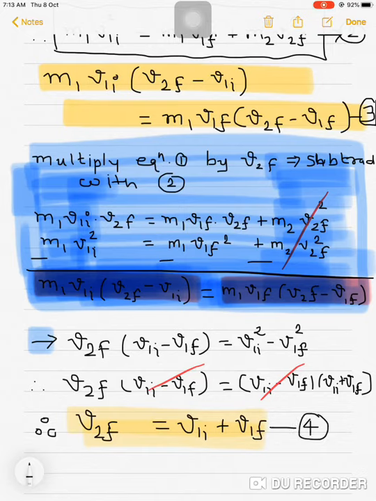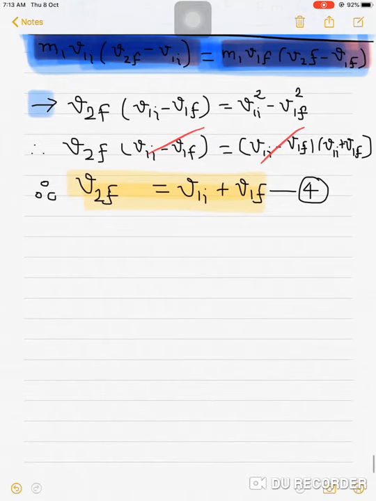If we substitute equation number 1 in place of this value, we can convert our equation into the form of V2F and V1F in terms of V1I. That part I leave for you to solve.